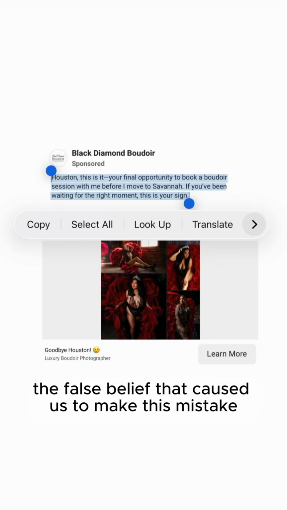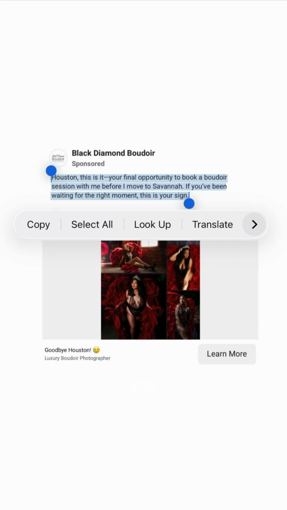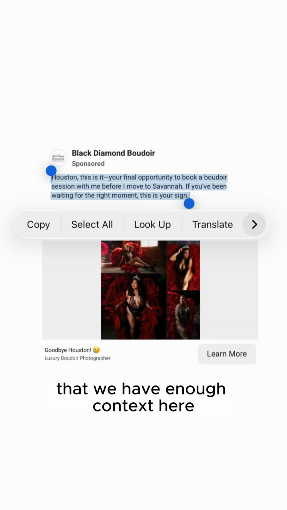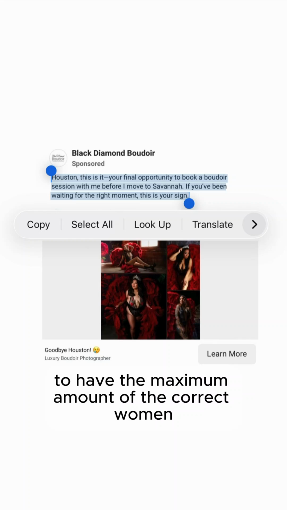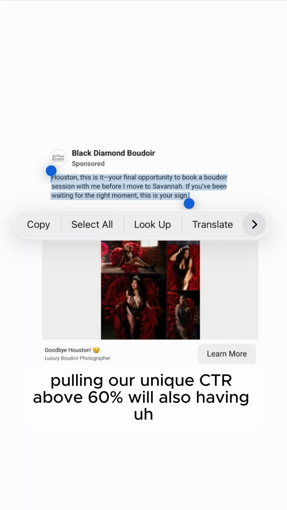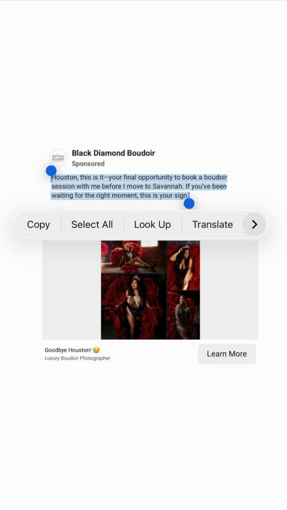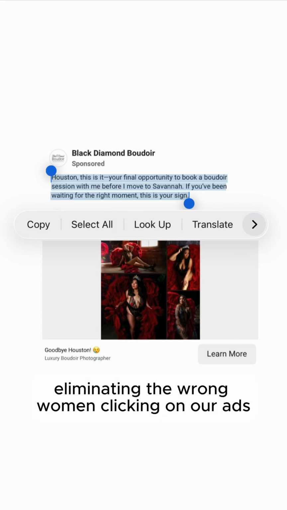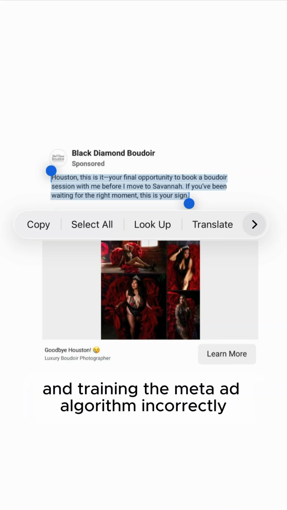The false belief that caused us to make this mistake is that we actually believe that we have enough context here to have the maximum amount of the correct women clicking on our ads, pulling our unique CTRL above 60% while also eliminating the wrong women clicking on our ads, which would be wasting our money and training the meta ad algorithm incorrectly.